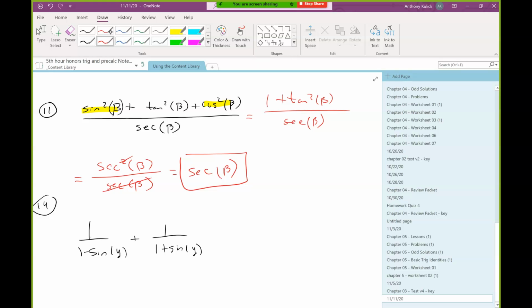What would the common denominator be in this case? Just going to be 1 minus sine times 1 plus sine, right? Everybody's okay with that idea? Just like when you did rational expressions last year and you had 1 over x plus 1 plus 1 over x minus 1, and the common denominator is x plus 1 times x minus 1. Same idea here, just we have sines involved.